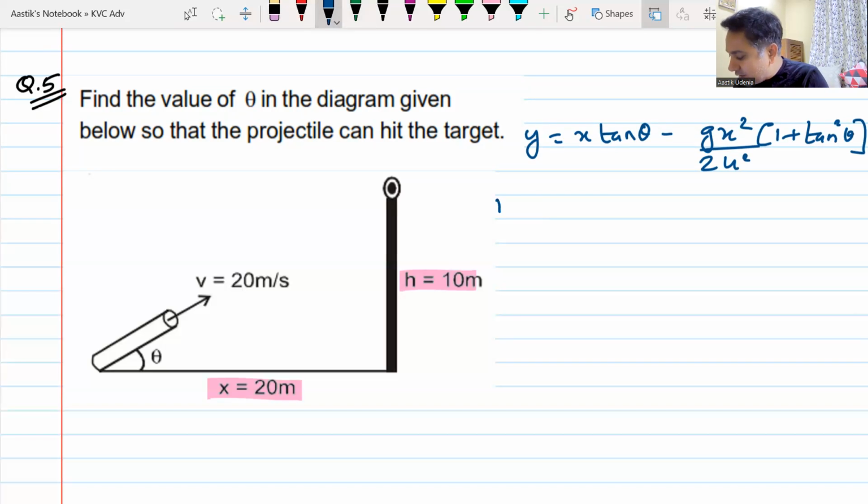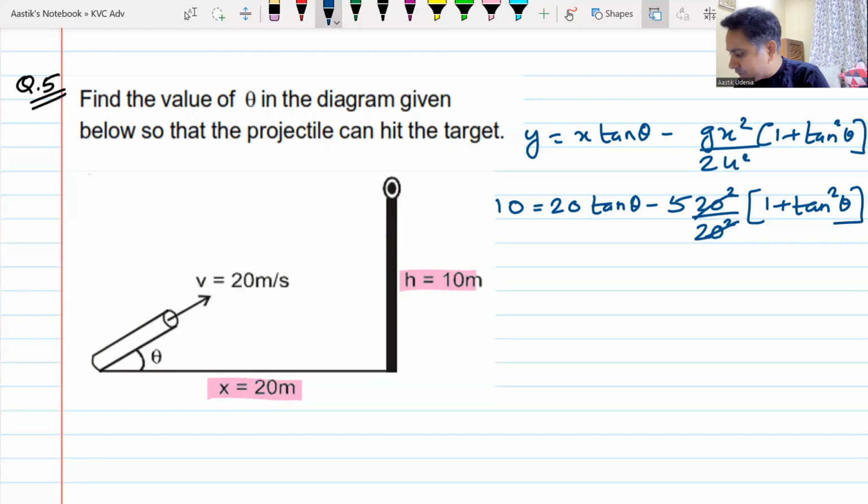So y is 10, equal to 20 times tan theta minus g, taken as 10. 10 by 2 is 5. 5 into x square, which is 20 square, divided by u square, which is also 20 square. So this gets cancelled into 1 plus tan square theta. I can take this off. This becomes 2. This becomes 4. And I have this equation: 2 is equal to 4 tan theta minus 1 minus tan square theta.